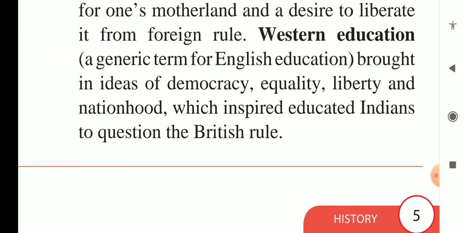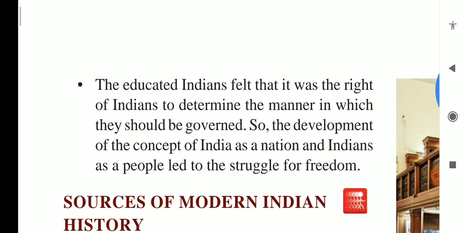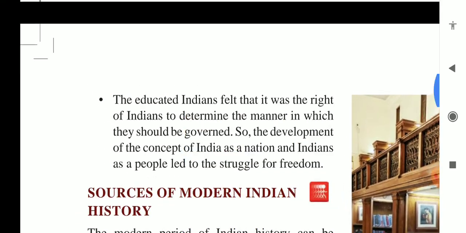In many parts of the world, other countries are being liberated by you, whereas you have been continuously ruling us for so many years. Now we need our country free from you, so go back. So that was nationalism.